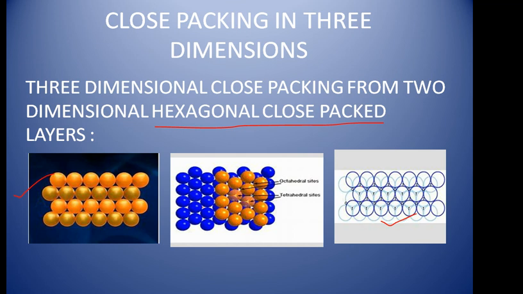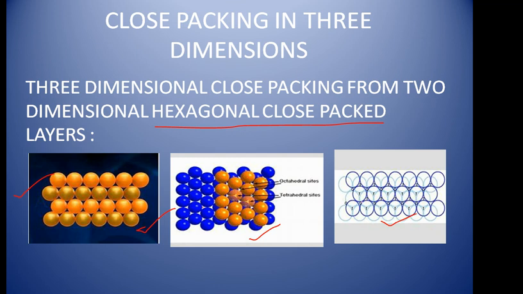Now to continue the three-dimensional crystal lattice, you have to stack the third layer over it. Am I clear? The first layer is this hexagonal closed packed structure, and whenever you stack the second layer, you get two types of voids. One is tetrahedral void, another is octahedral void.